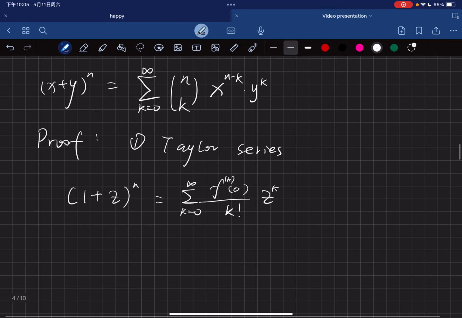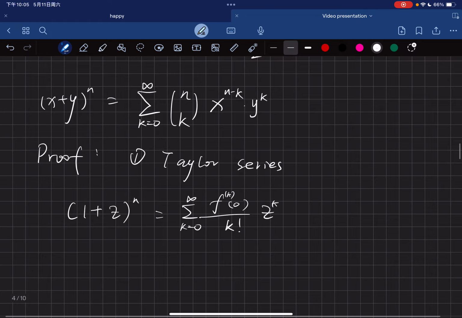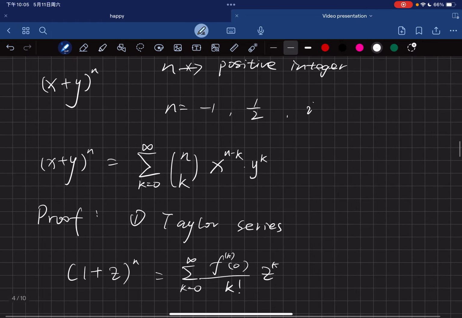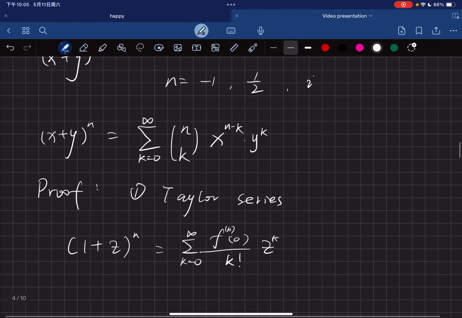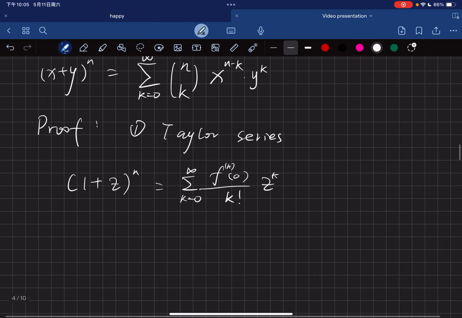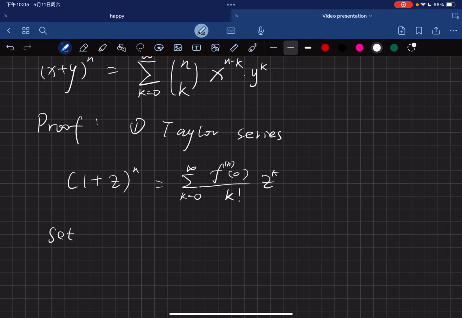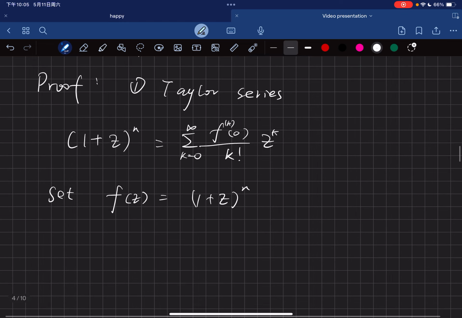From the Taylor series, we can get the transformation of this binomial equation, and we can set a function f(z) equals 1 plus z to the power of n.